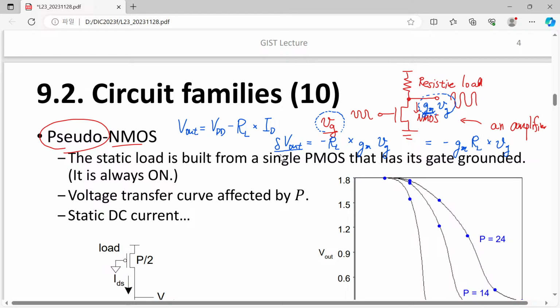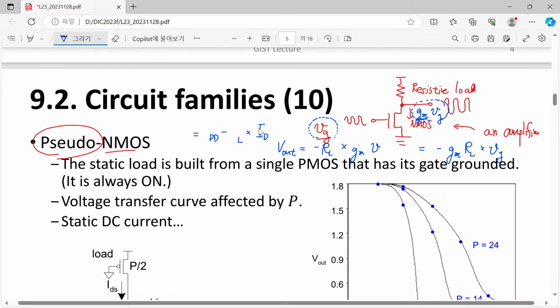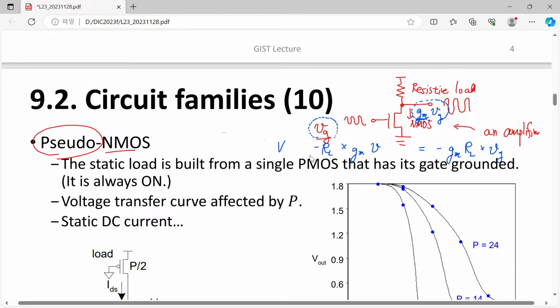Of course, that is not a digital circuit, but is related to the analog one. But with the same circuitry, we can try to use it as an inverter. Since now all of you understand the inverter circuit, we can easily apply this.